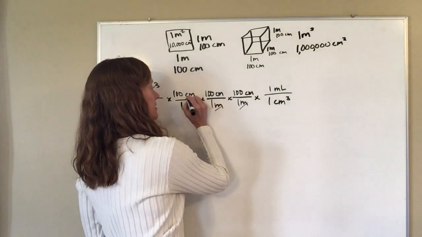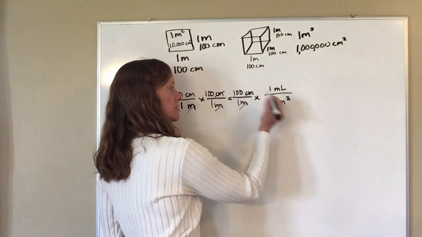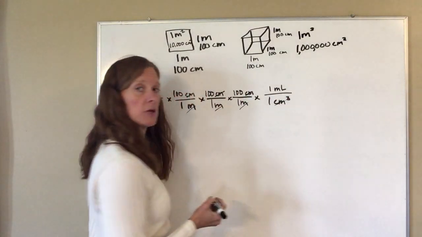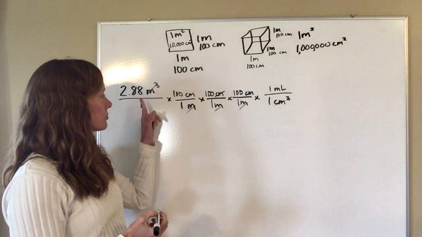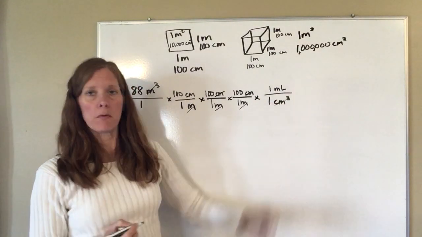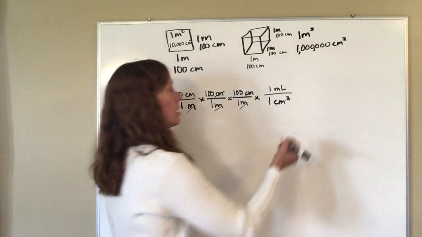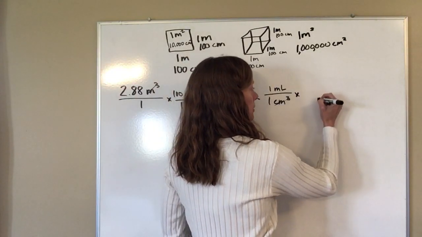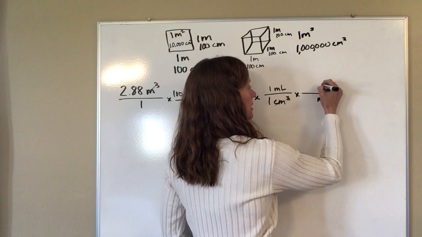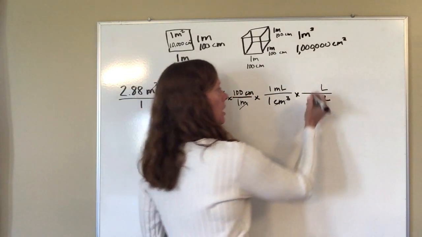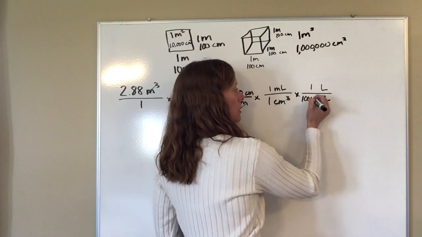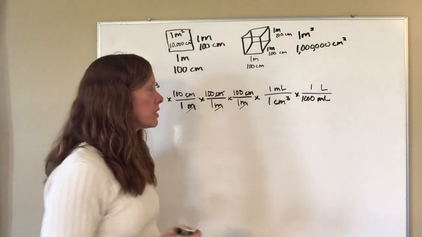So again, a centimeter times a centimeter times a centimeter makes a centimeter cubed. And so now I have my conversion into milliliters. They asked for it in liters. So I have milliliters. I want to put it into liters. I know that 1 liter is the same as 1,000 milliliters.